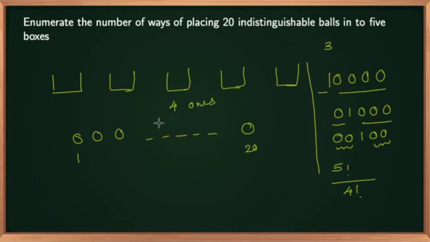And all the balls I can consider as zeros, which means 20 zeros and 4 ones, so there will be a total of 24 elements. So 24 factorial divided by 4 factorial into 20 factorial will be the answer to this particular problem.